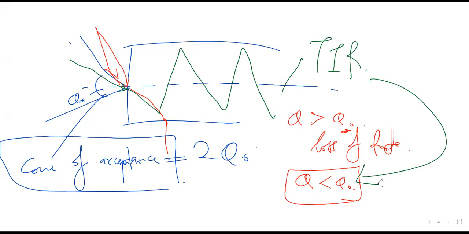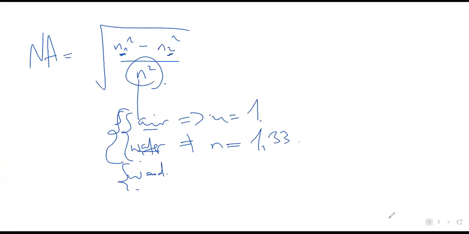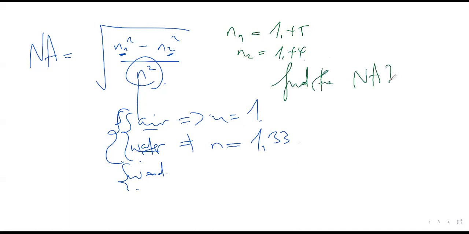Examples. Questions you'll be getting, the simple ones. You are given N1. You're given N2. Find the numerical aperture. Simple mathematics, you plug in 1.45, 1.44.